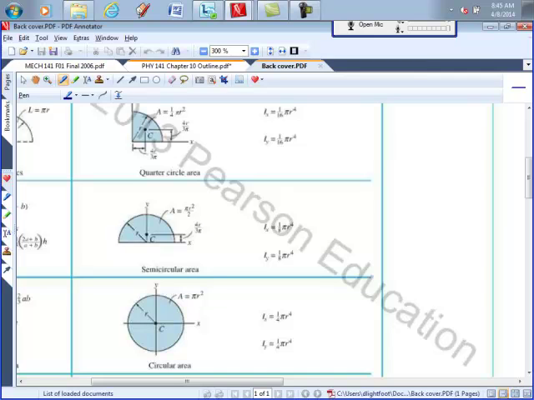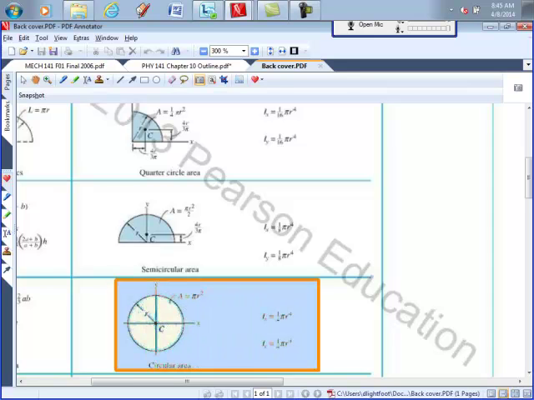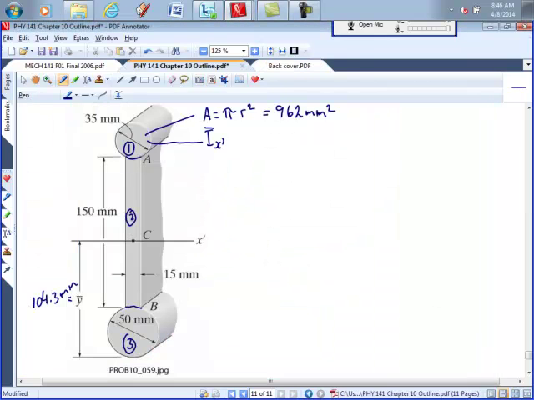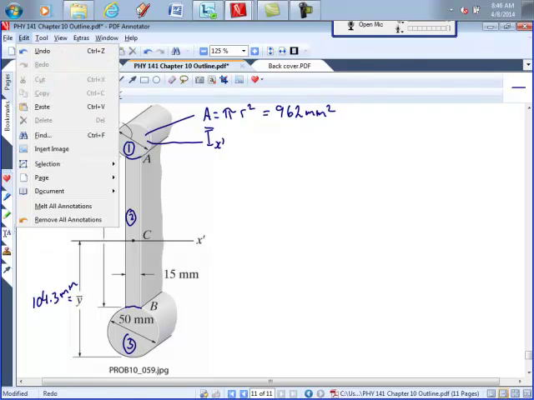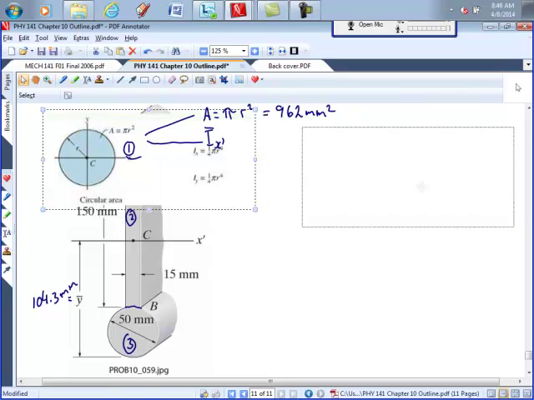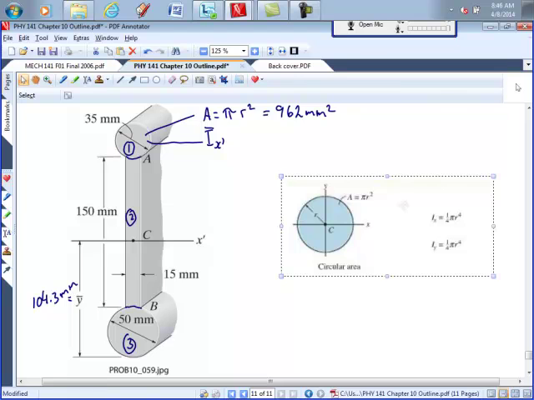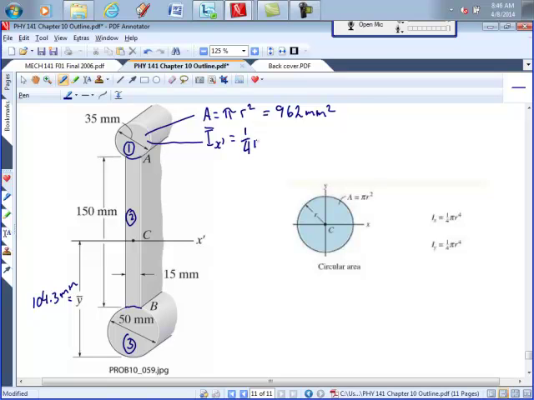Actually, let's cut that out and paste it in there, just so we remember. So again, the radius is going to be 17.5 millimeters. 73662. This one is millimeters to the 4th.